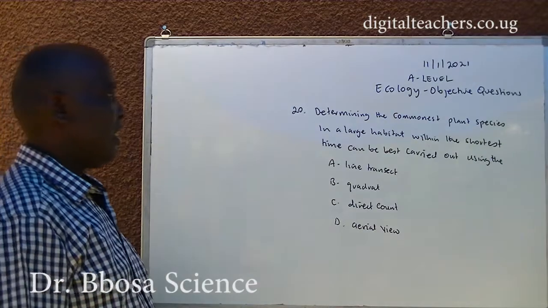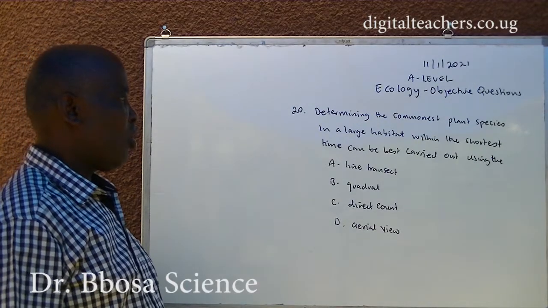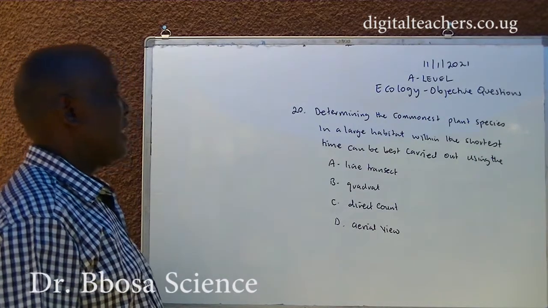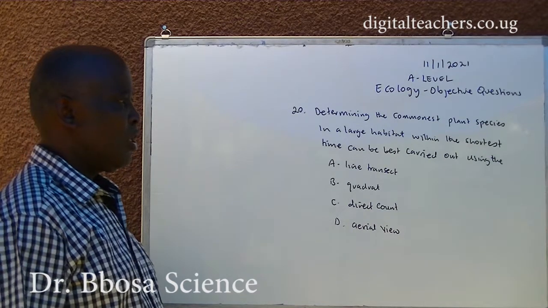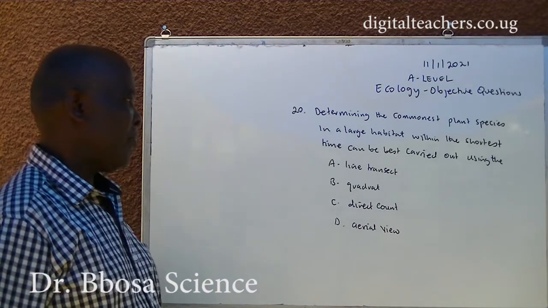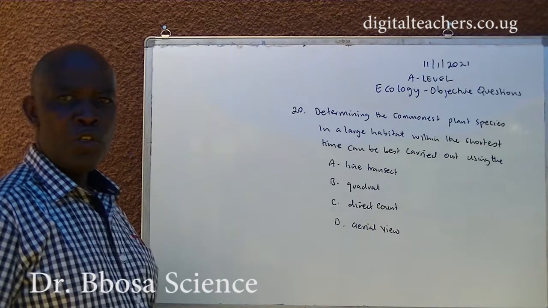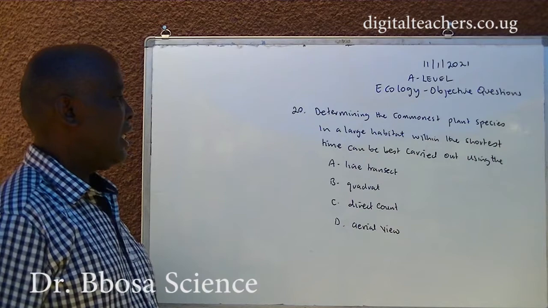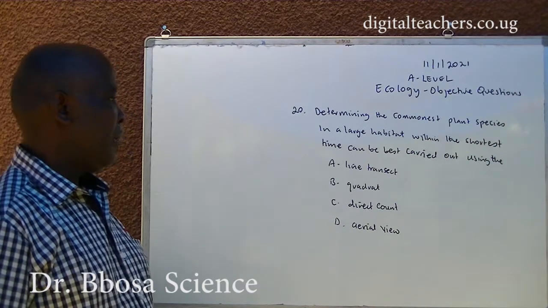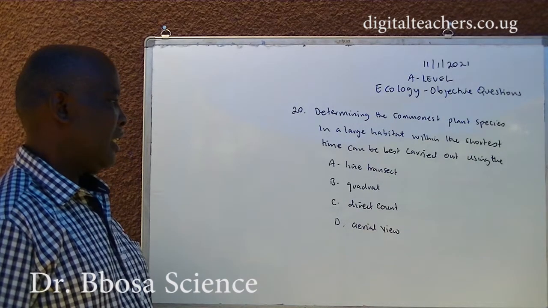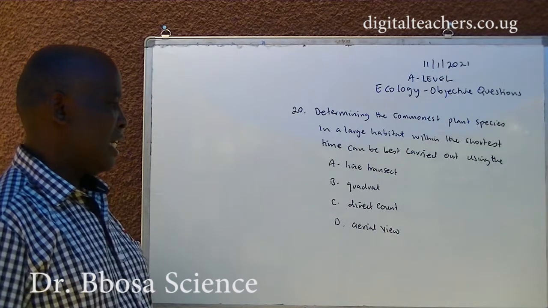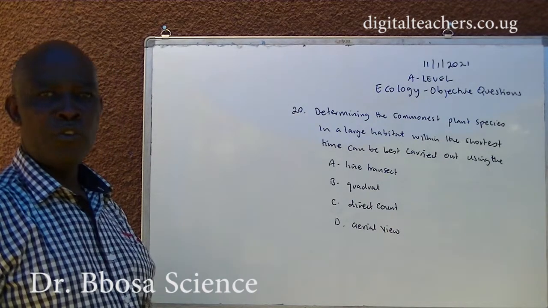Number 20, determining the commonest plant species in a large habitat within the shortest time can be best carried out using the A. line transect, B. quadrat, C. direct count, D. aerial view.